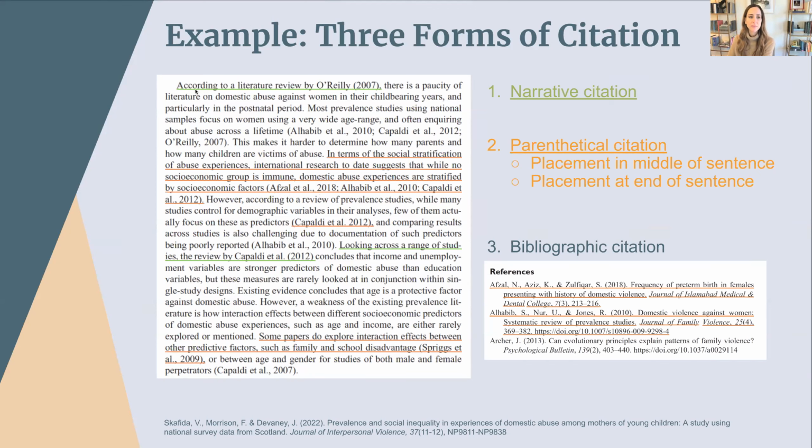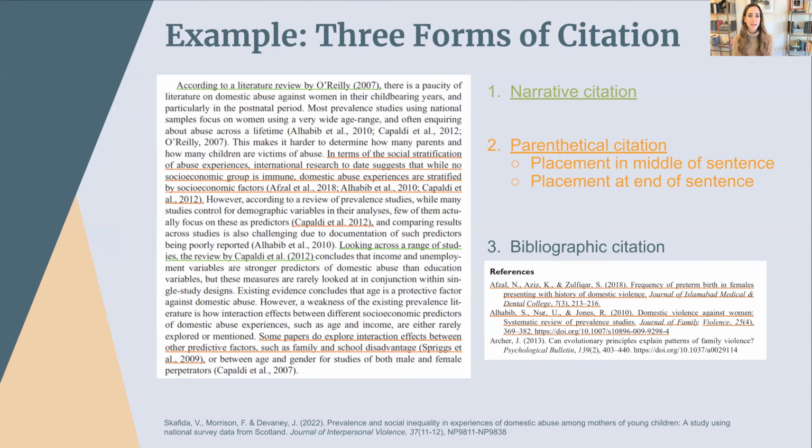To go back to what I was saying about highlighting certain aspects of the study, this first sentence is a good example of that. Imagine if that first narrative citation was gone, and it just said, there is a paucity of literature on domestic abuse against women in their childbearing years, and particularly in the postnatal period, and then a parenthetical citation, O'Reilly 2007.